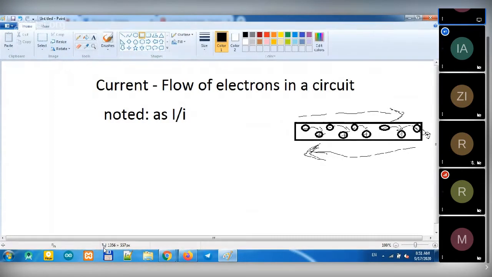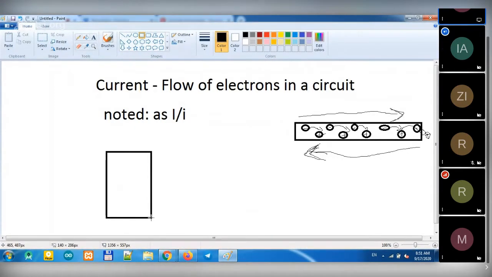For example, this is our circuit. Positive, negative.